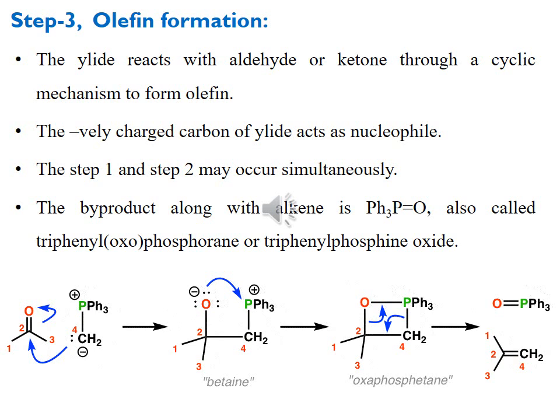The two sigma electrons between carbon and phosphorus are moved towards carbon-carbon to form a double bond, and the two electrons between carbon and oxygen are moved towards phosphorus and oxygen to form a double bond. So we get triphenylphosphine oxide, or triphenyl oxophosphine, and along with the alkene as product.